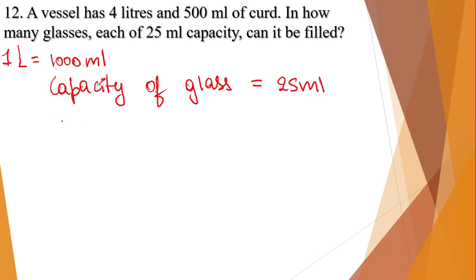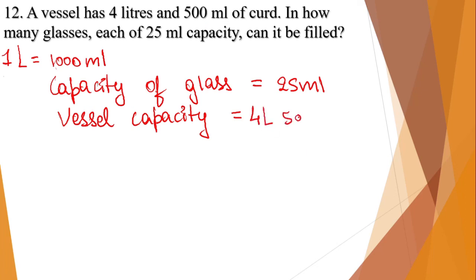Now the next one is vessel capacity. So the vessel capacity is, now the vessel can carry 4 liters 500 ml, right? So it will be 4 liters and 500 ml. So this is the vessel capacity.